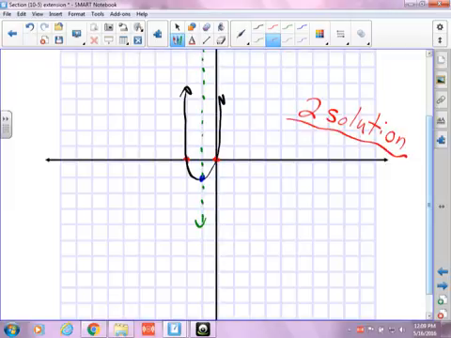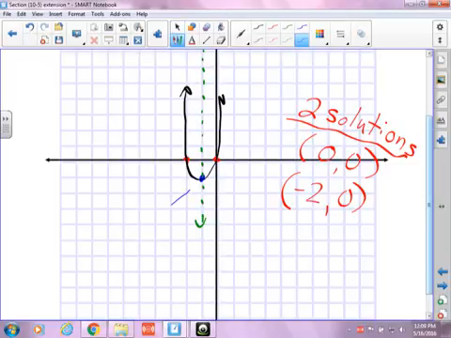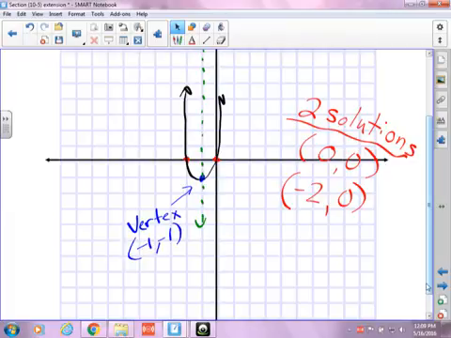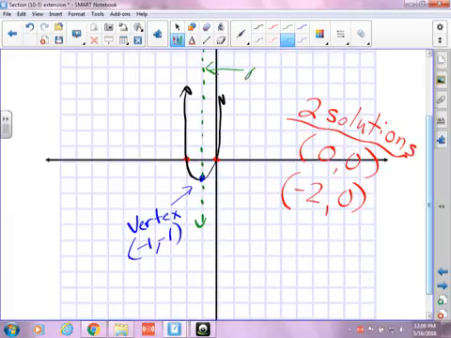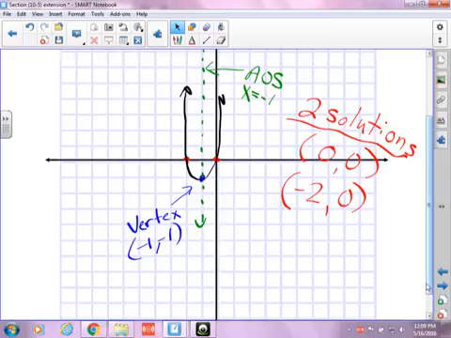What would they be? 0, 0, and negative 2, 0. Yep. And I could also say this is my vertex, negative 1 comma negative 1. I can tell them that this is my axis of symmetry at x equals negative 1. I can give them a ton of information on this thing.